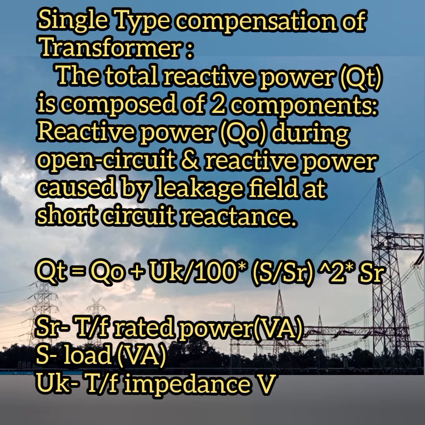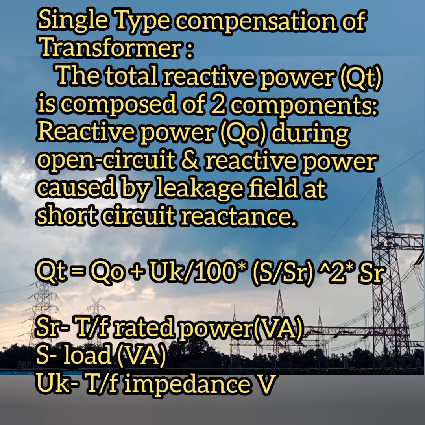Next is single type compensation of a transformer. The total reactive power, QT, is composed of two components: the reactive power during open circuit and the reactive power caused by the leakage field at short circuit.